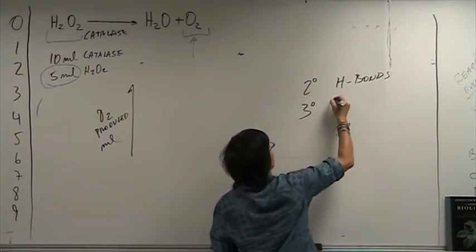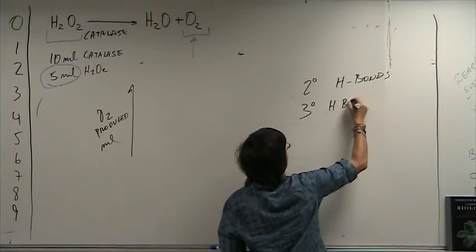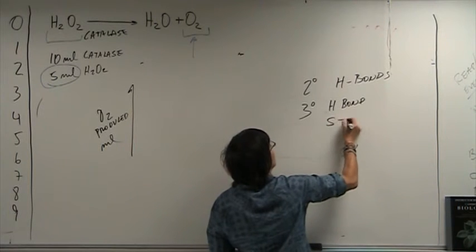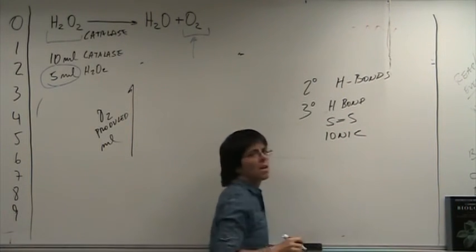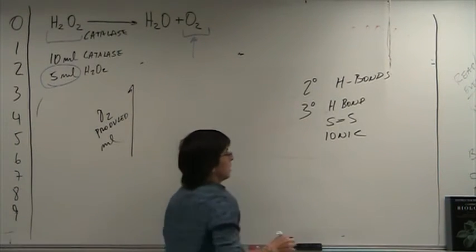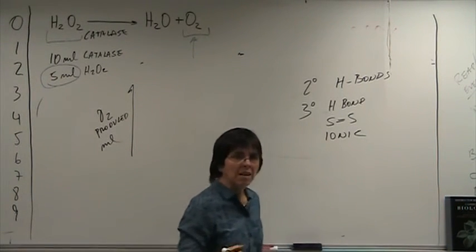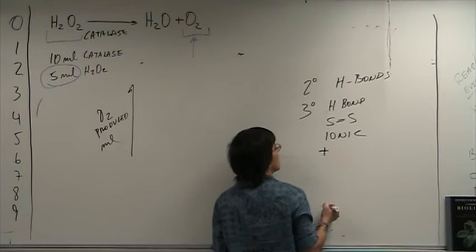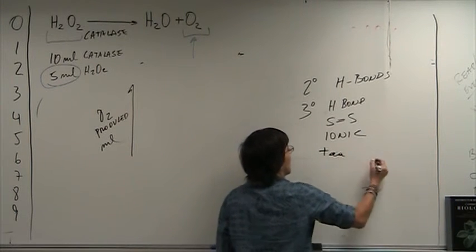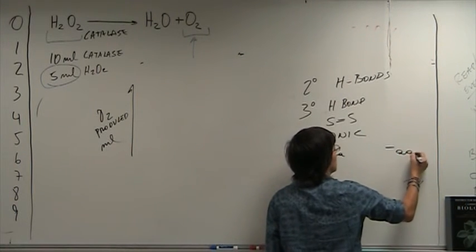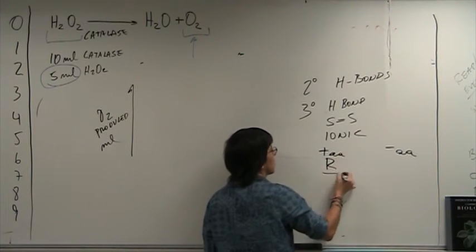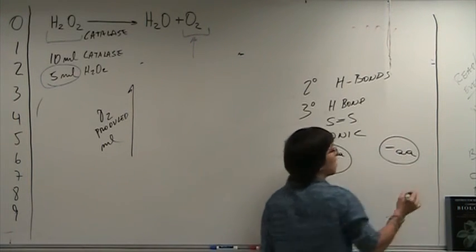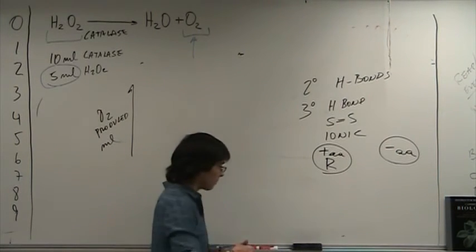For the tertiary structure, H bonds help, but also you have disulfide, and more importantly, you have ionic bonds. That's between a positively charged amino acid and a negatively charged amino acid. And when we are talking about this, we are always talking about the R groups of those amino acids.